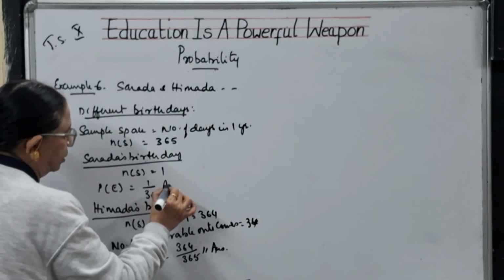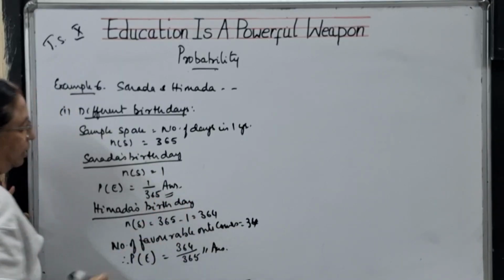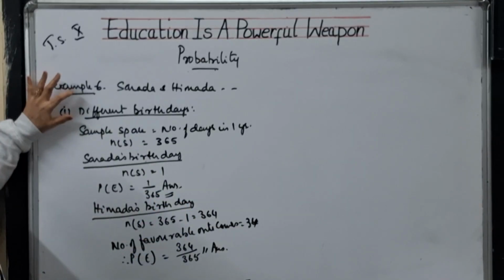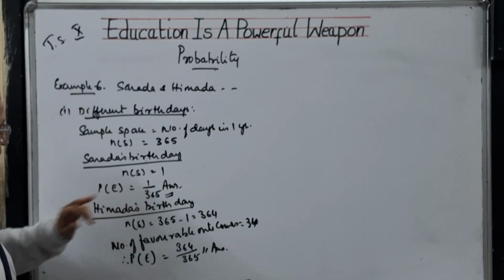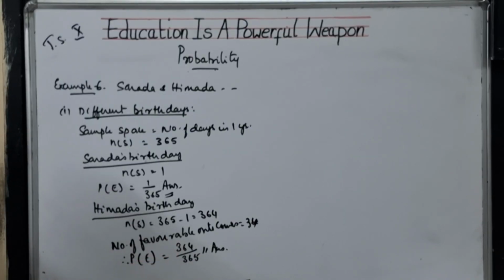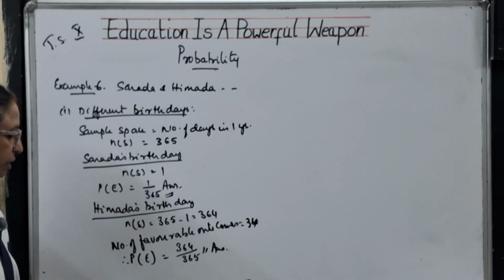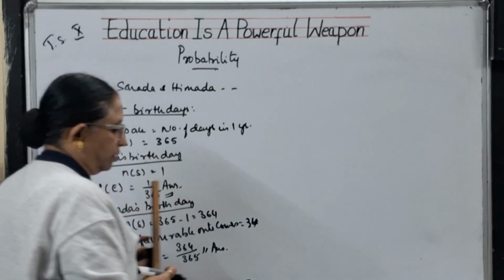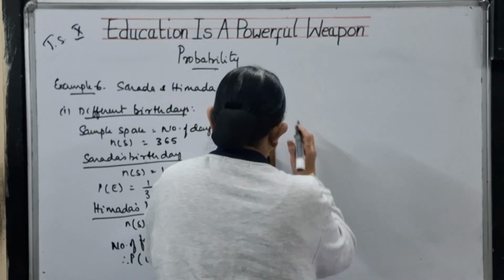This is the probability of getting different birthdays. Here, Sarada will get 1 by 365 chances, and Himada will get 364 by 365 chances, children. This is about the first bit. And the second bit, same birthday.